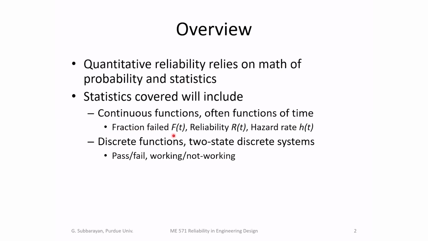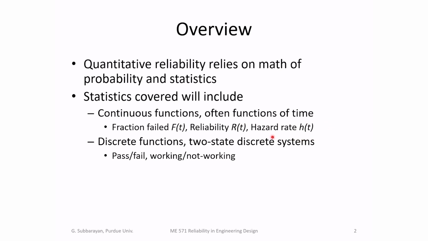I track the failure with time, the fraction that has failed out of the 100. Let's say 30 parts have failed out of 100. Then the fraction failed is 0.3. Reliability turns out to be the complement of the fraction that has failed, which is really the fraction that has survived. So if 0.3 is the fraction failed, reliability would be 0.7.